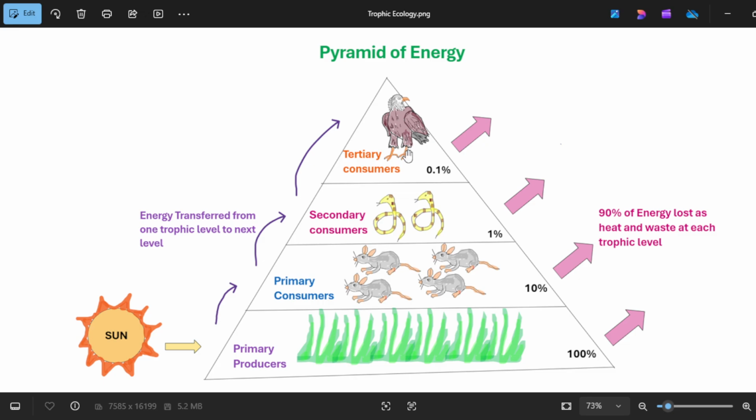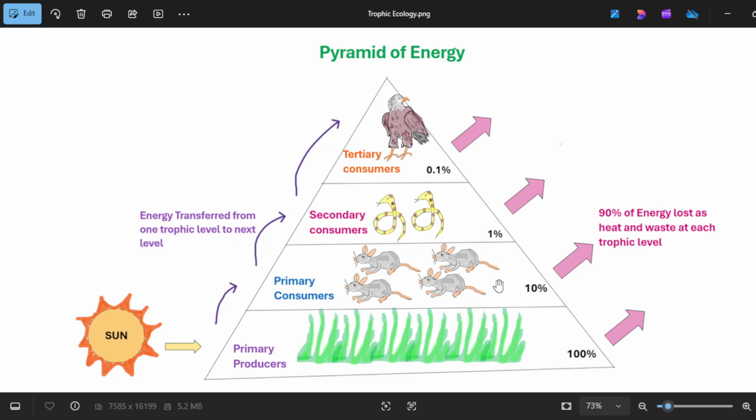So by the time it reaches the eagle, it has only 0.1 percent of energy from the first level. The remaining 90% at each level is lost by way of heat and waste at each trophic level, because they have to consume energy for their activities, right?